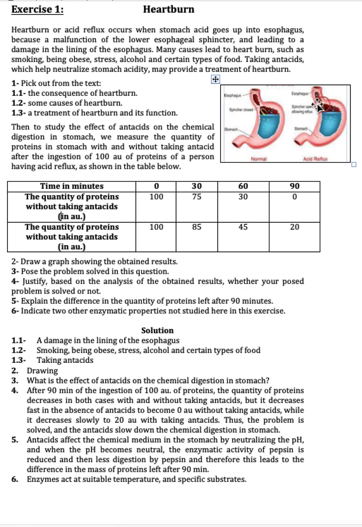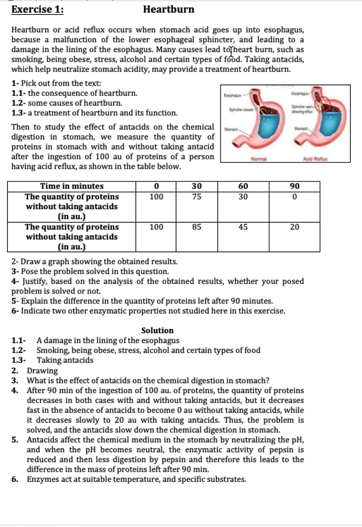So in this case, the acid can pass from the stomach into the esophagus, leading to many problems in the esophagus. Let's continue reading this paragraph. And leading to damage in the lining of the esophagus, as I said.